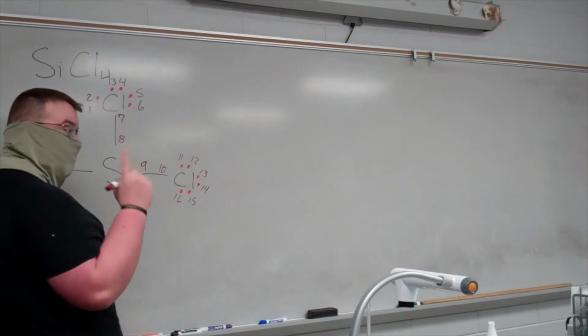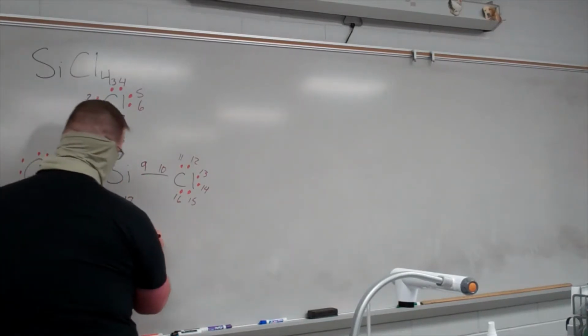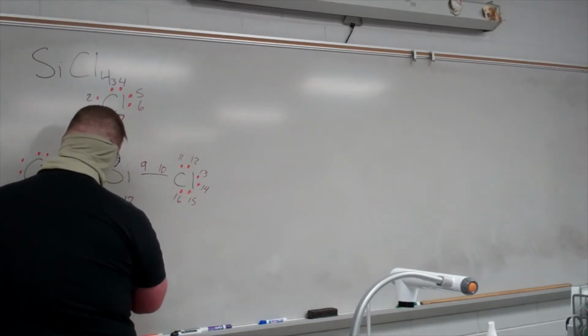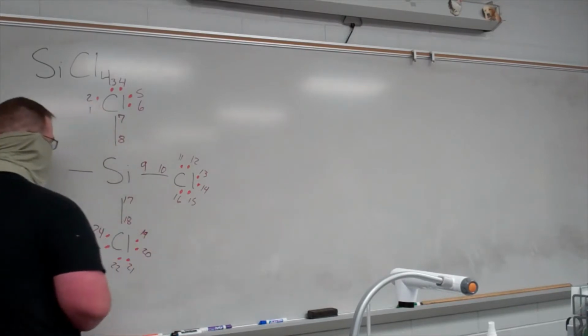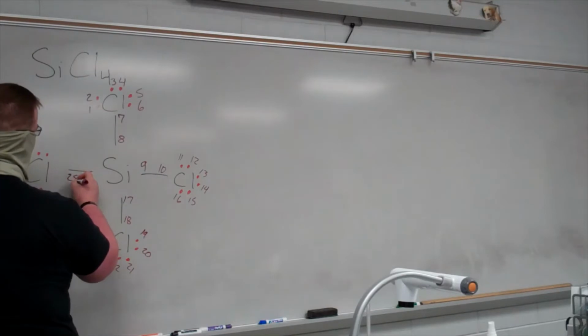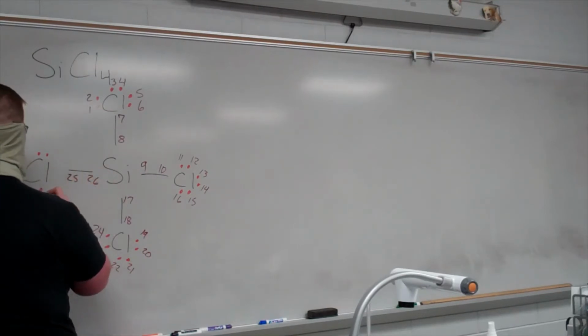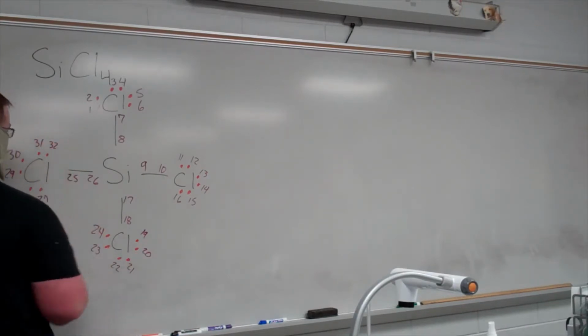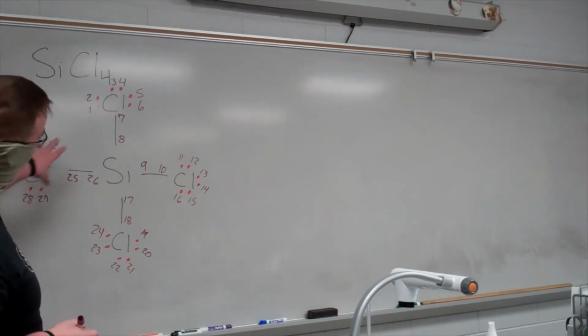Because the bond counts for 2 electrons. 19, 20, 21, 22, 23, 24. Pop up here, 25, 26, 27, 28, 29, 30, 31, 32. Now I've counted all my electrons.